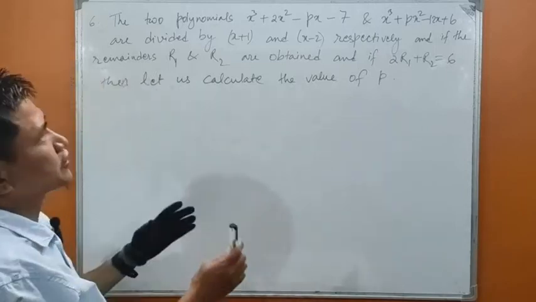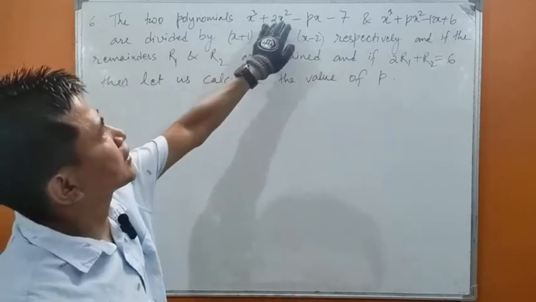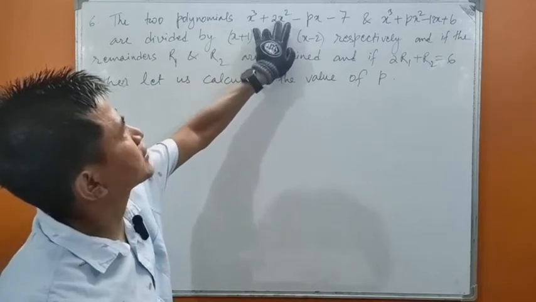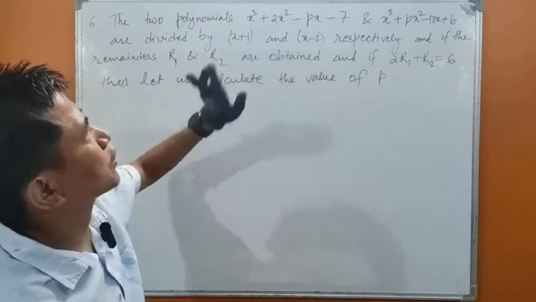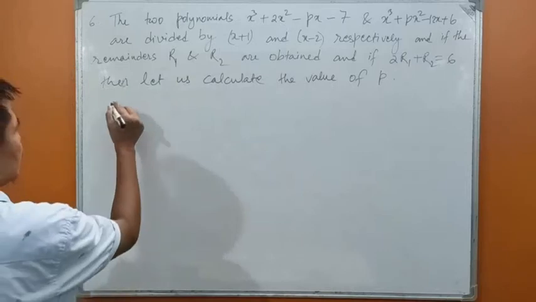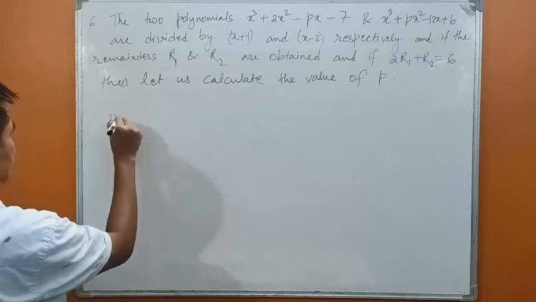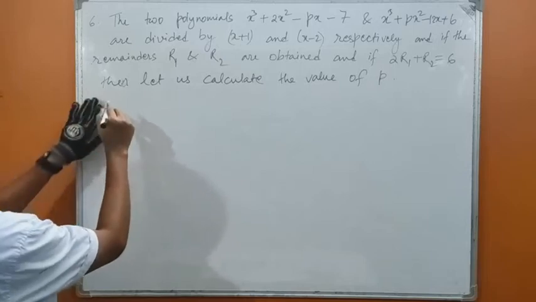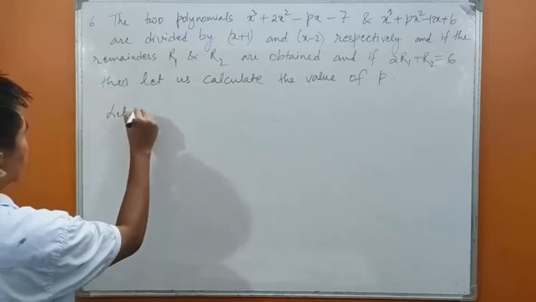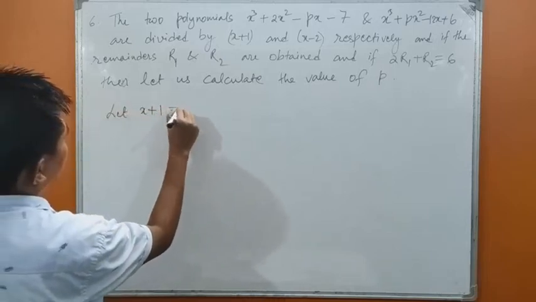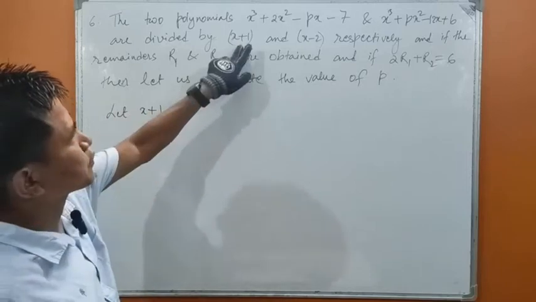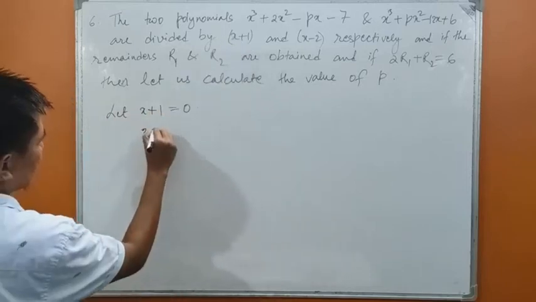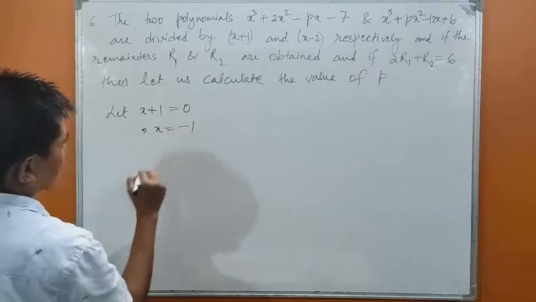Okay, let us first check the remainder when this expression is divided by x plus 1. Let x plus 1 equal 0, or x equals minus 1.